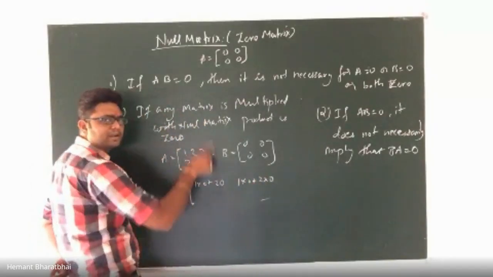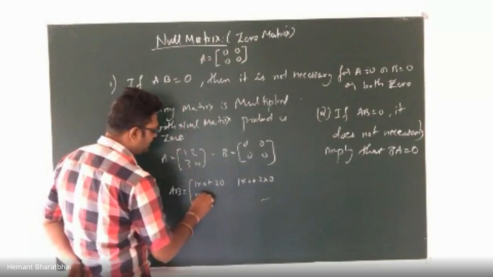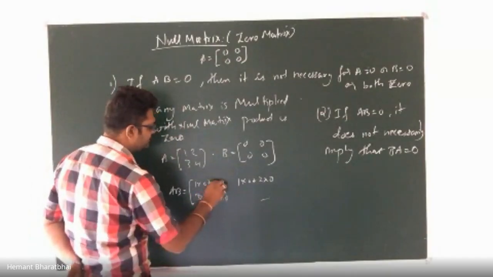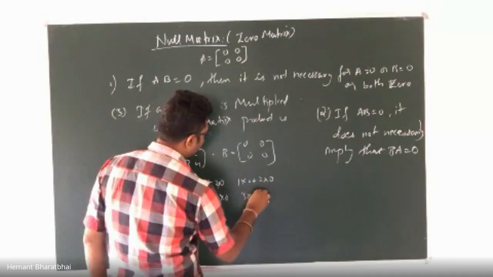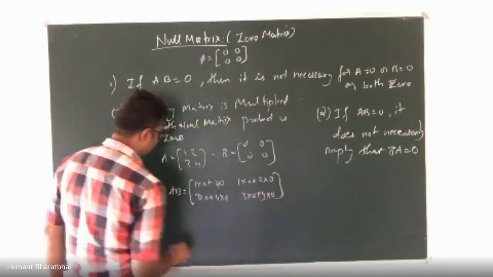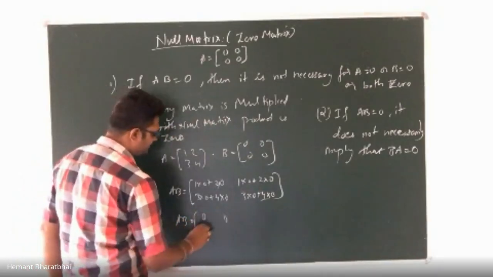Then second row into first column, second row into second column. So 3 into 0 plus 4 into 0. Here also 3 into 0 plus 4 into 0. So you will get 0, 0, 0, 0.